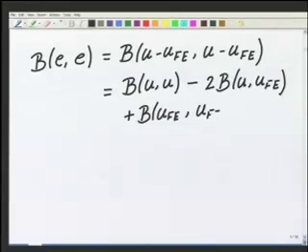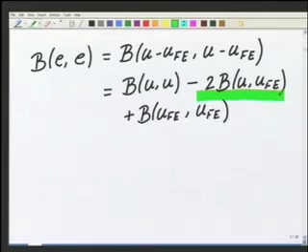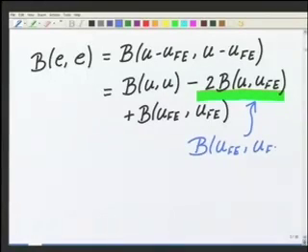Now, this quantity that we have here is already known. How is it known? Because we have written this quantity in terms of its equivalent definition as b(u_fe, u_fe), twice of that.